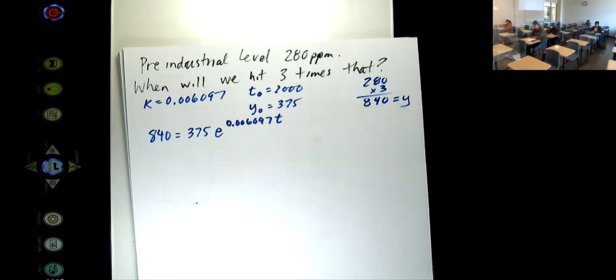Instead of solving for K now, though, we're solving for T. We can divide both sides by that 375.